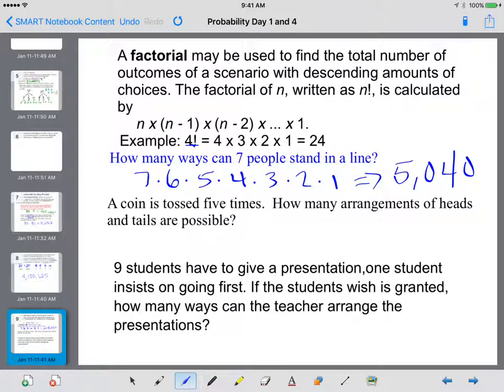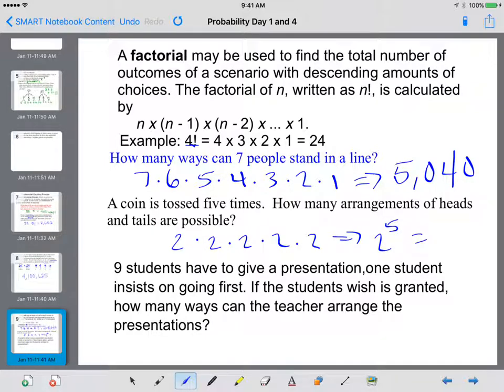Let's say a coin is tossed 5 times. How many arrangements of heads and tails are possible? This one is not going to be factorial. We have 2 arrangements of heads and tails on the first try. We have 2 arrangements on the second try. And hopefully you see where this is going, which is the same thing as 2 to the 5th power.